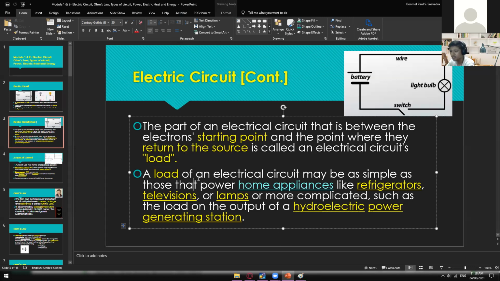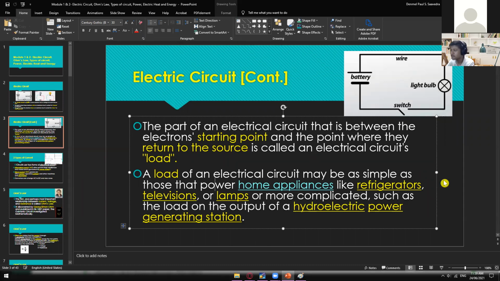Just like what I mentioned a while ago, a load is any electrical circuit that may be powered by an electric source. It could be a refrigerator, a television, lamps, or a hydroelectric power generating station.